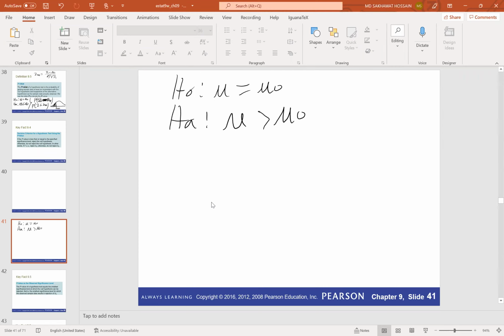That means what is a hypothesis, what is null, what is alternative, how do we determine the null, how do we determine the alternative, and how do we make our decision. There are two types of approaches: the critical value approach and the p-value approach.